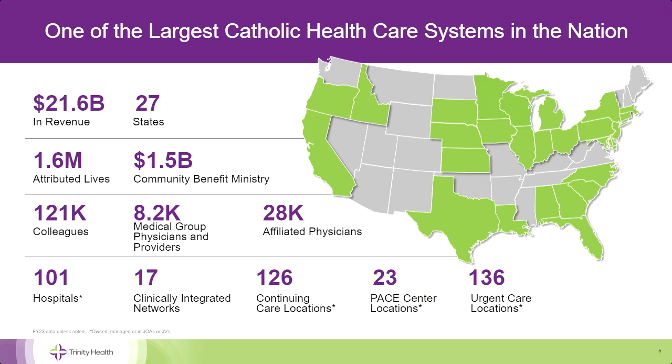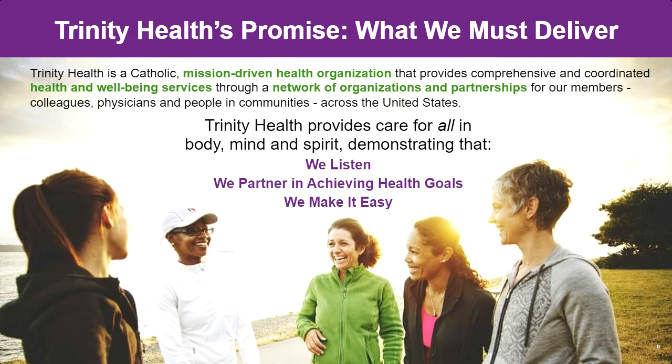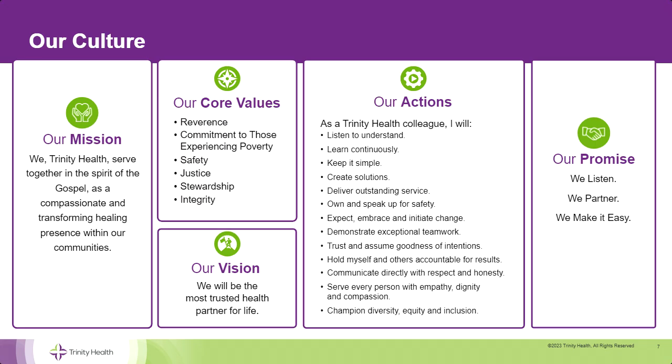That could change at any given time, with a mix of acute care and critical access hospitals, and then quite a large presence in the post-acute care space. We are a faith-based organization, and so we really live into our core values of reverence, commitment to those experiencing poverty, safety, justice, stewardship, and integrity.